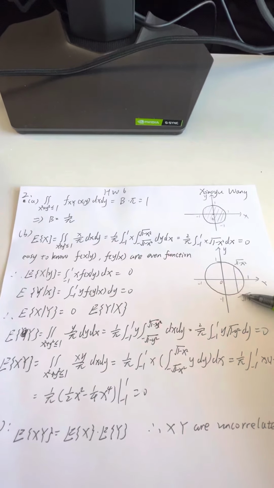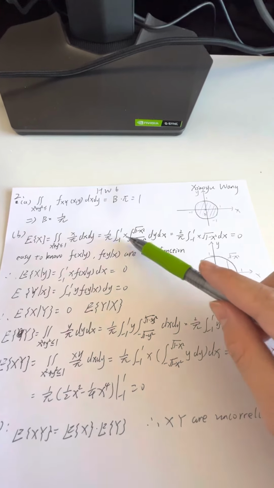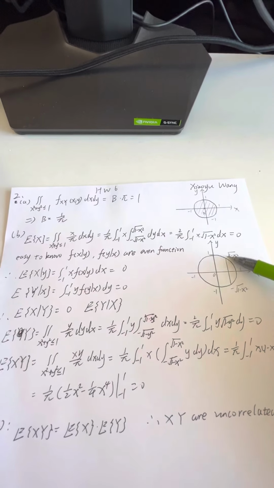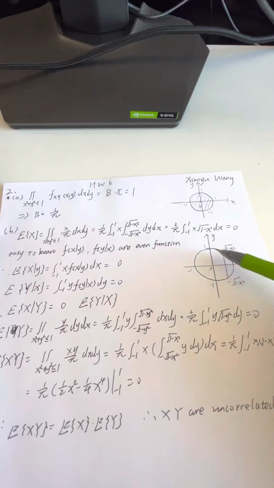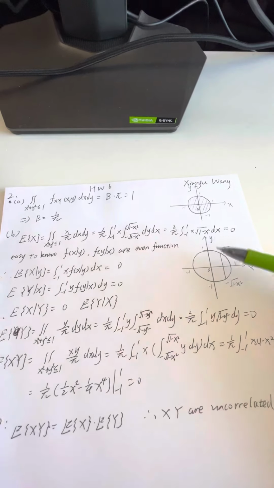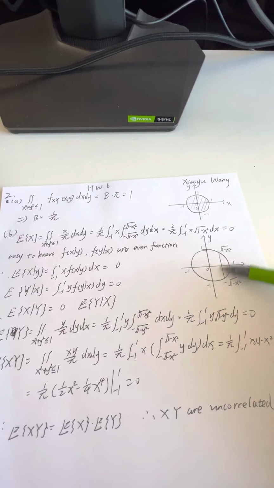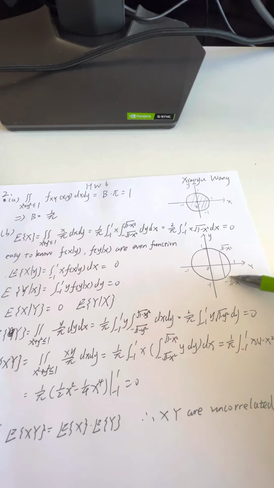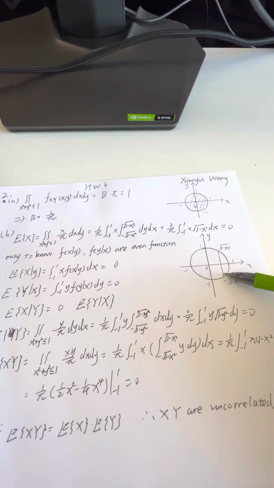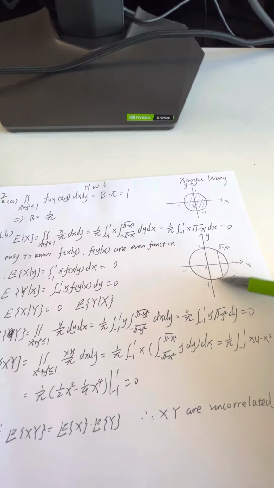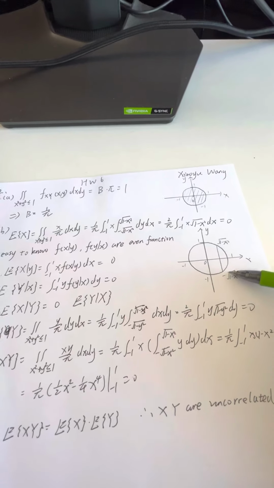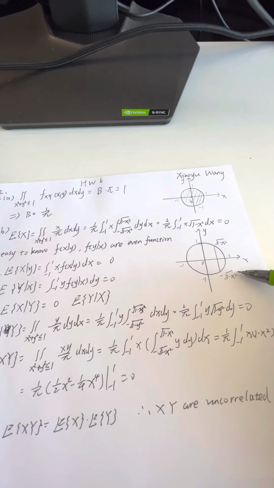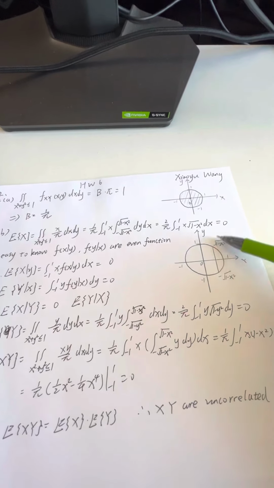We notice that when x is a fixed value, for example x here, the range of y is from minus the square root of 1 minus x squared to the positive one.